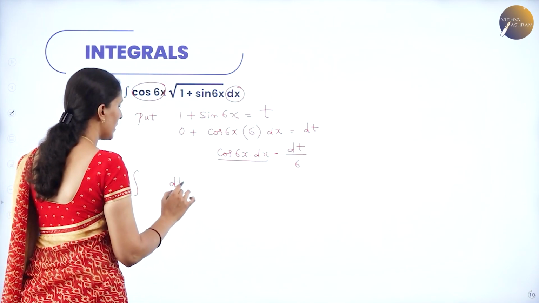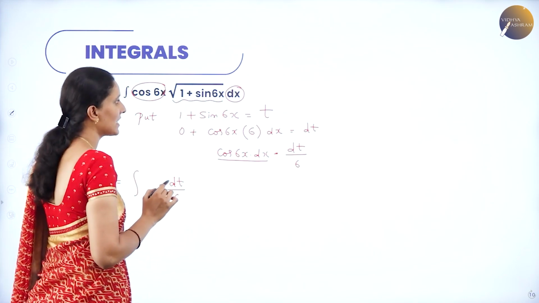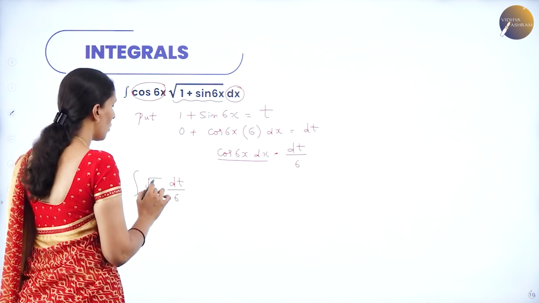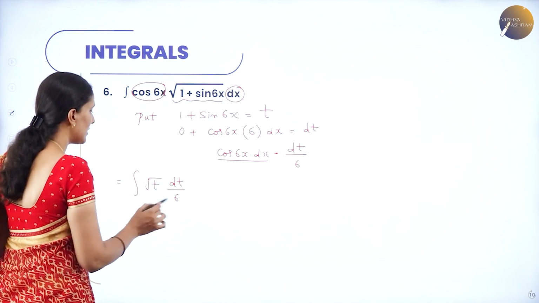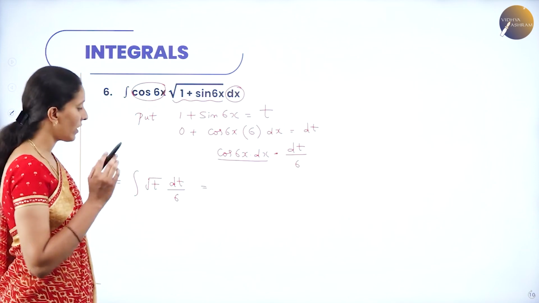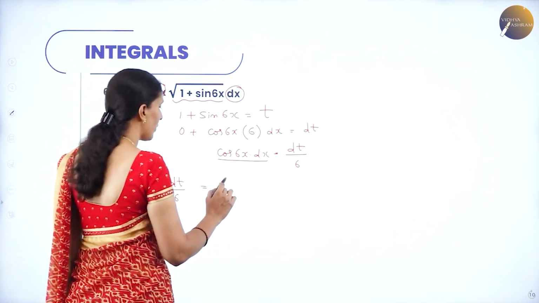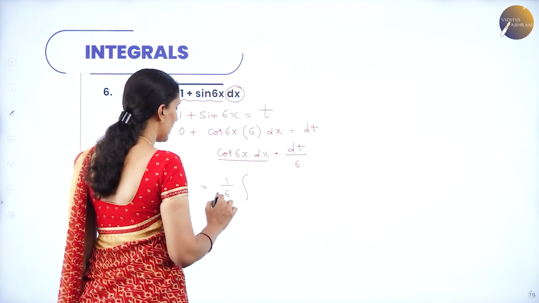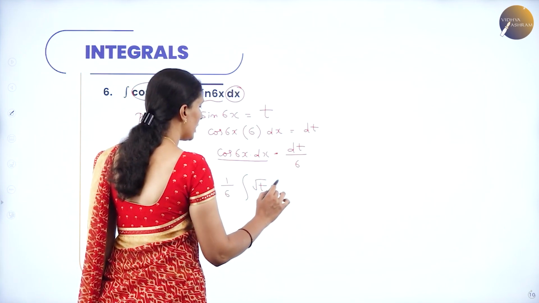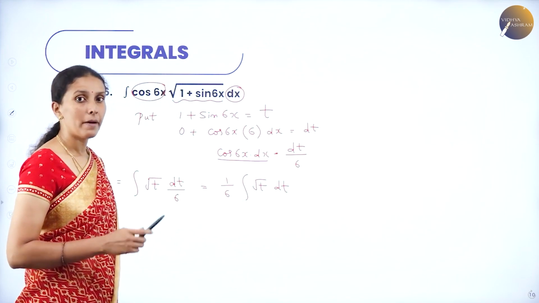So, this becomes dt divided by 6, and 1 plus sin 6x as t, so this becomes root t. Take 6 outside because it is a constant. We know from the property of integrals, whenever you have a constant inside the integral, take it out of the integral. So, it is 1 by 6 integral of root t dt. Root t is nothing but t to the power half.